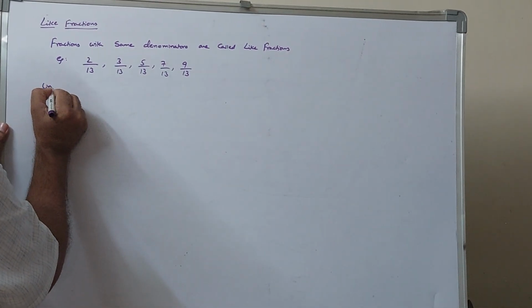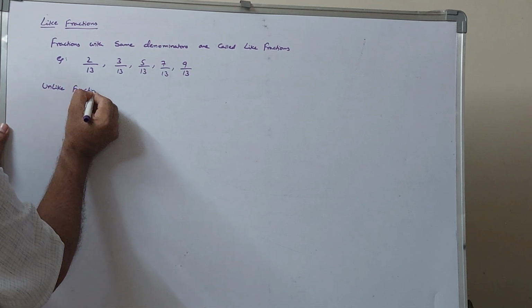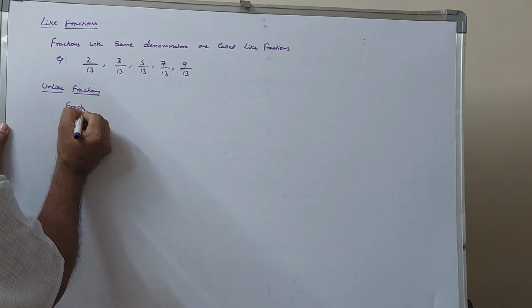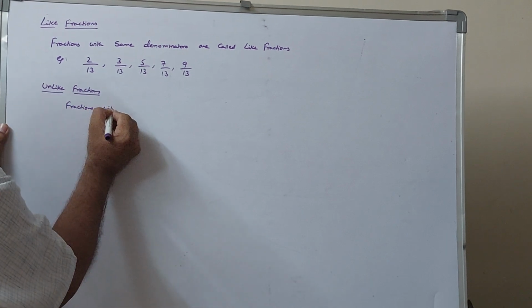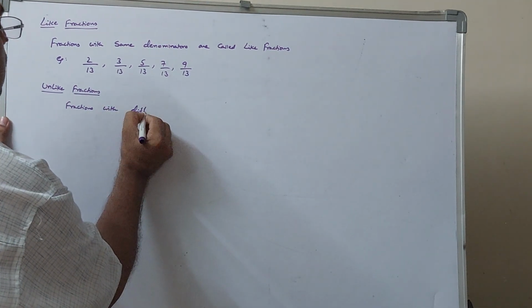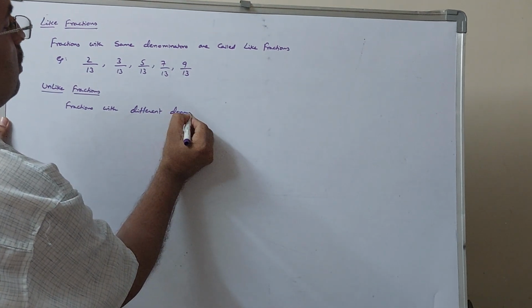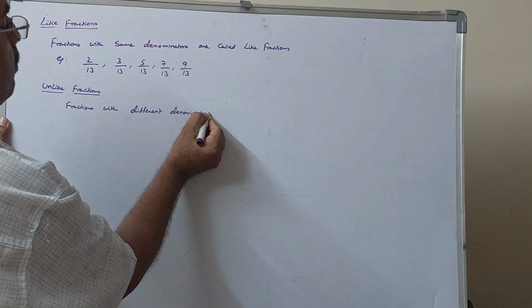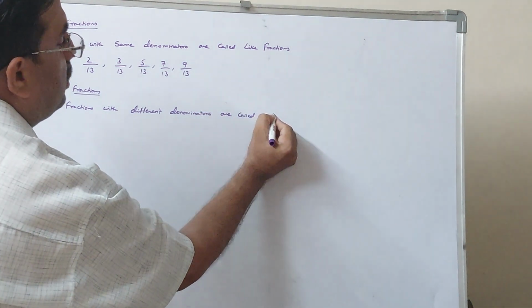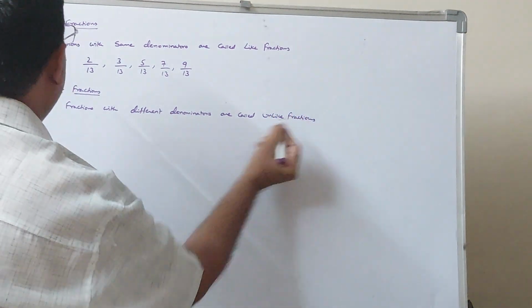Unlike fractions means fractions with different denominators are called unlike fractions.